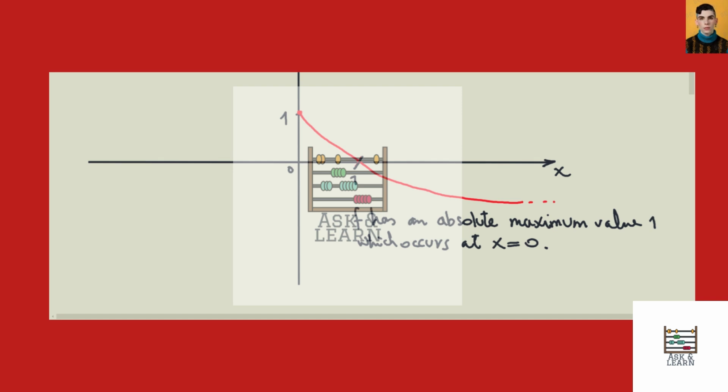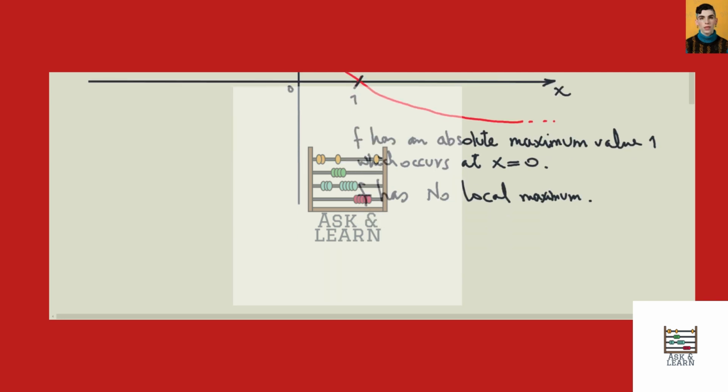And f has no local maximum at all, because at any point we have smaller and greater values than the image of that point if we take any small interval containing the point.